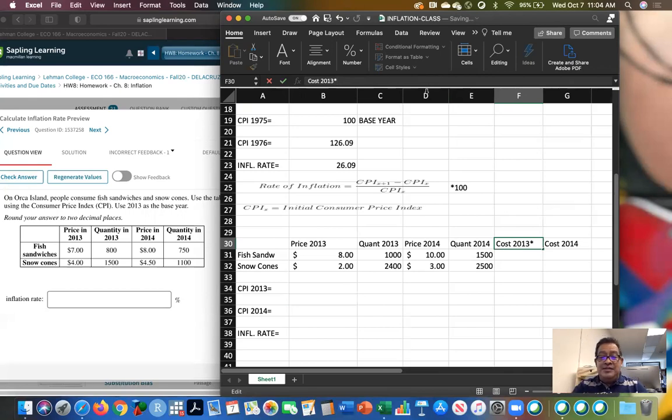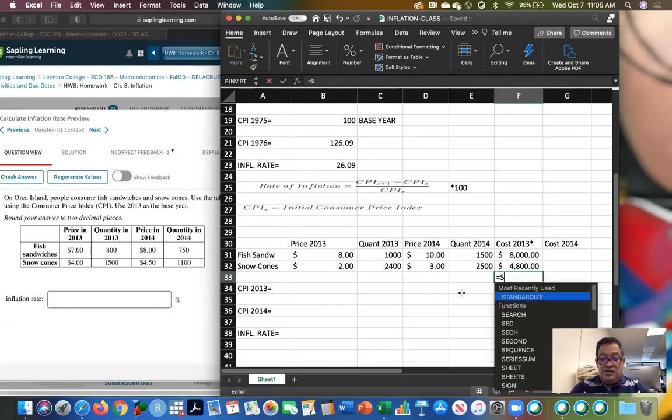In this case, very quickly, I'm going to multiply the price times the quantity in 2013. I'm going to do the price of 2013 times, the times is an asterisk, the quantity for 2013, and then I am going to sum.